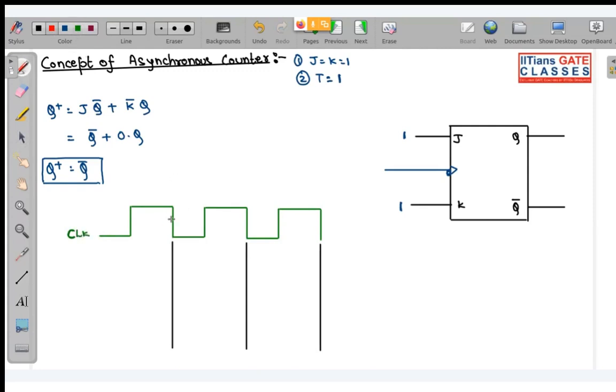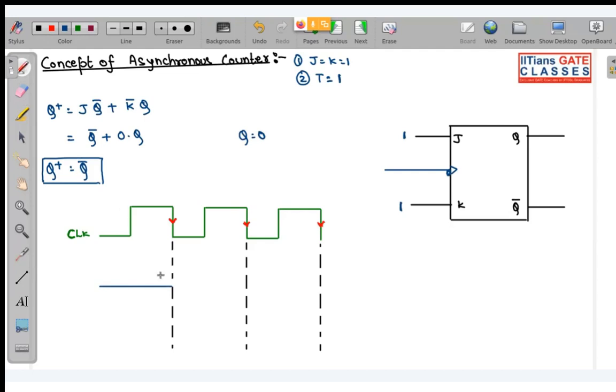Let us mark the negative edges. So these are your negative edges. Let us assume that initially the state of the flip-flop is 0, and it is working in toggle mode.